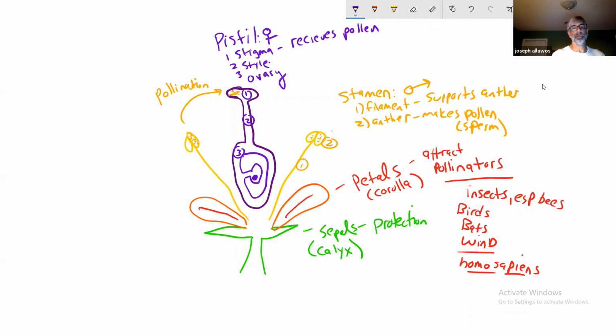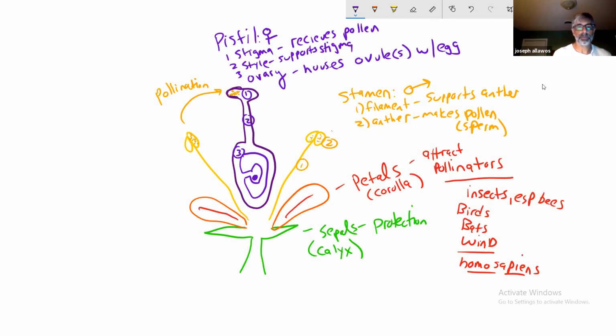Okay. The style supports the stigma, kind of like the filament supported the anther. And then the ovary houses ovules, ovules with egg. There's the female gamete, right?